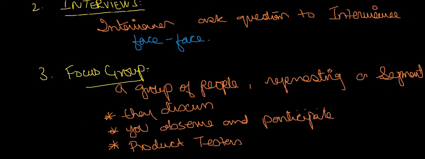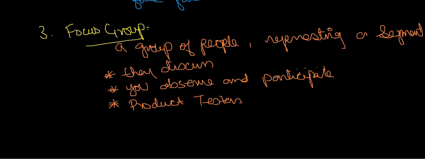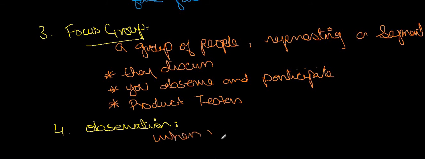Now, we have done the first three. The fourth one is observation. You're simply observing. How do you observe? You quietly observe and you're not participating. For example, how many cars are on the road?